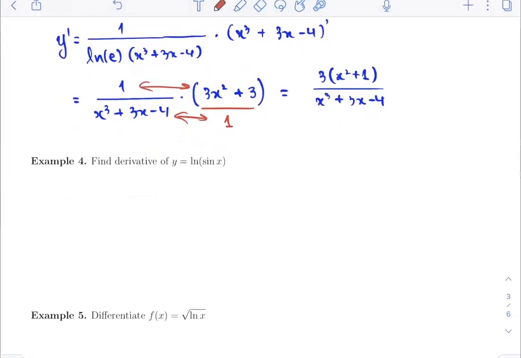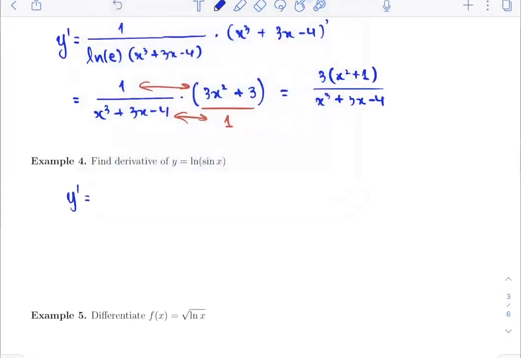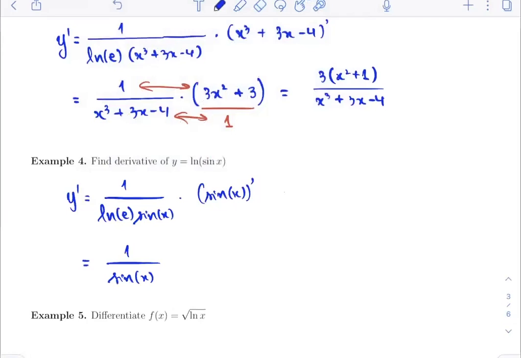The derivative is y prime equal to 1 over ln of e times sine of x, which is the inside part, and at the end, you multiply with the derivative of the inside function. Again, ln of e is equal to 1. This gives me 1 over sine of x, and the derivative of sine of x is cosine of x.